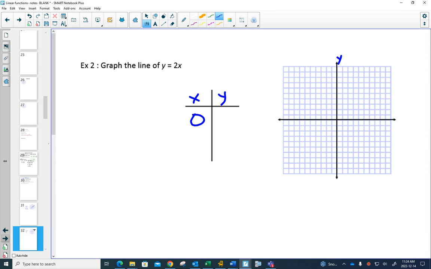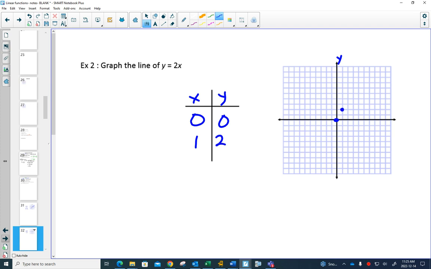So in our table of values, that is often one that is recommended to do. Also because it's usually easy mental math. It'll be 0. So we now know we have this point, (0, 0). What happens if you plug in 1? You would get 2.